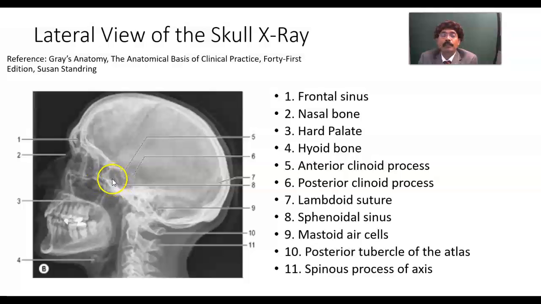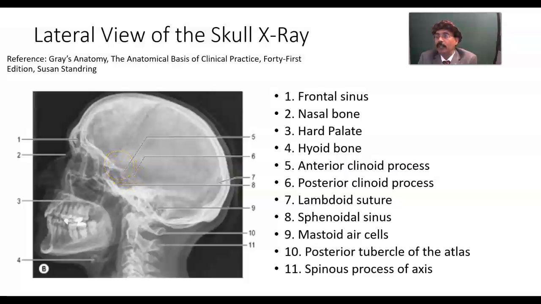By the side of the sphenoidal sinus, we get the cavernous sinus and the internal carotid artery. Above it, we get the pituitary gland and the optic chiasm. So any pituitary gland tumor will enlarge this area, and that tumor may compress the optic chiasm.